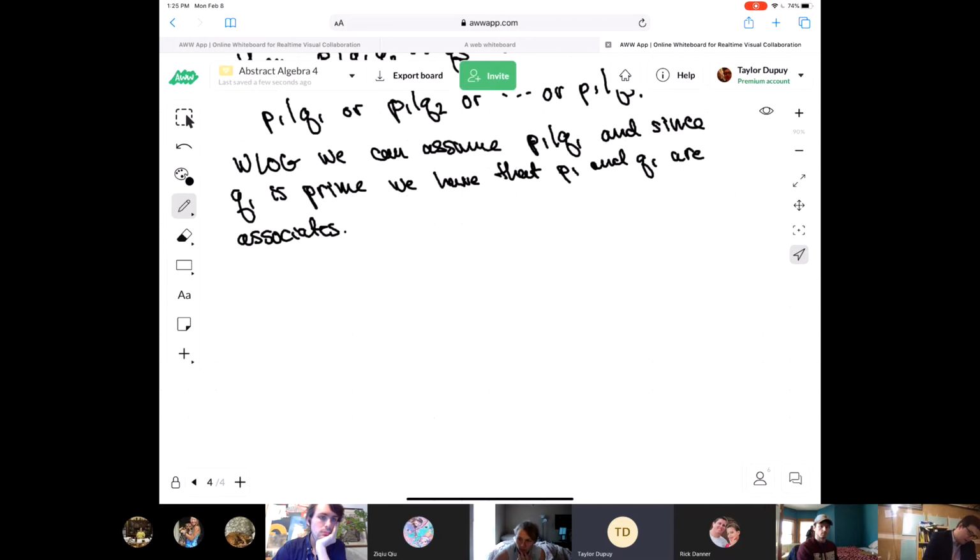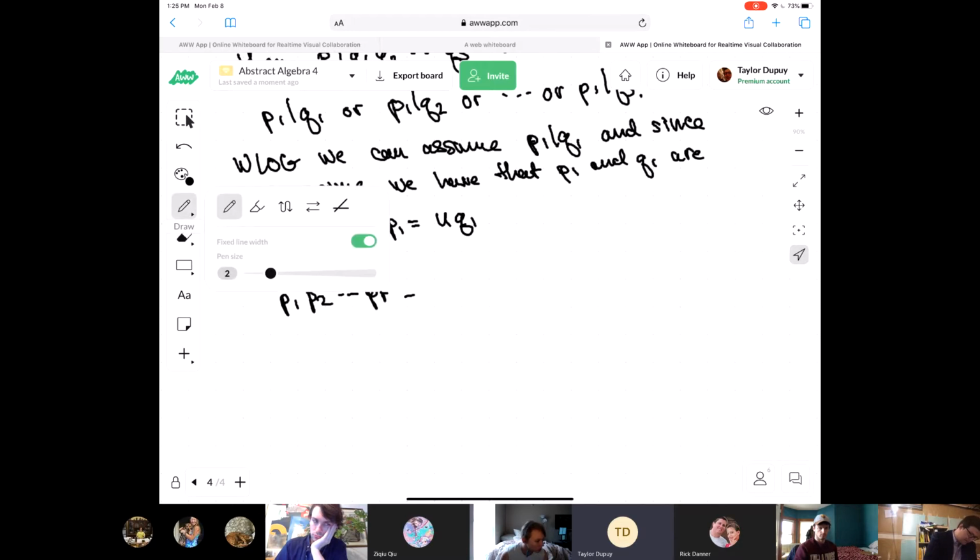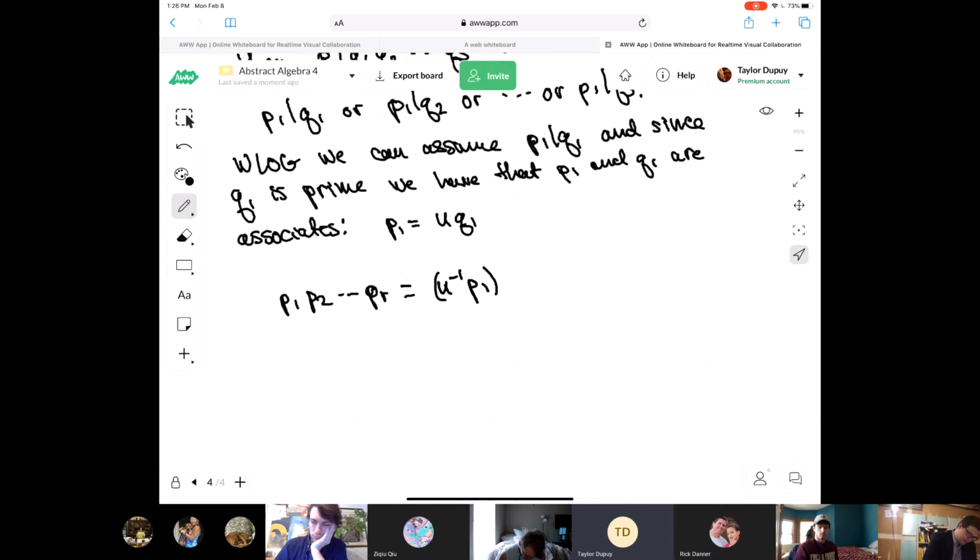So this means that P1 is equal to U times Q1, and so this gives us that P1, P2 up to PR is equal to U inverse P1, Q2, and then we have QR or QS.